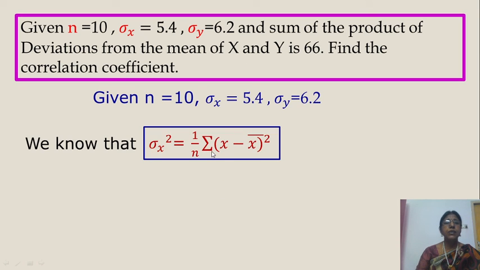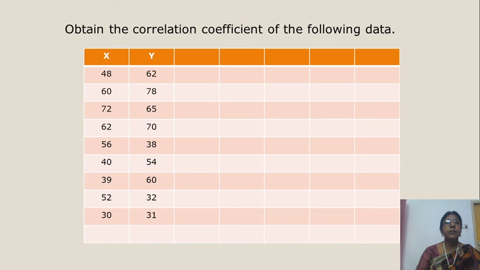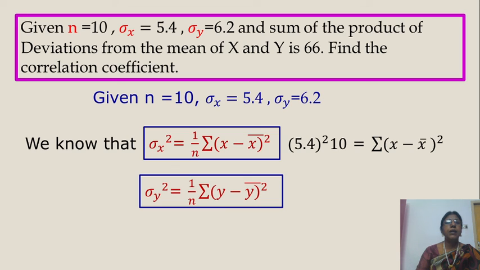So we have given sigma x and sigma y here. Then sigma x is 1 by n sigma square and so on. This sigma xy is 66. Use the formula, note down: gamma is equal to n into sigma xy by sigma x into sigma y.